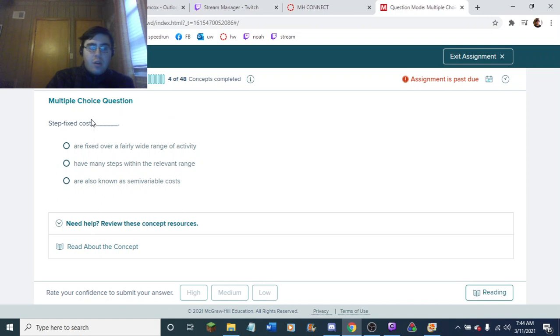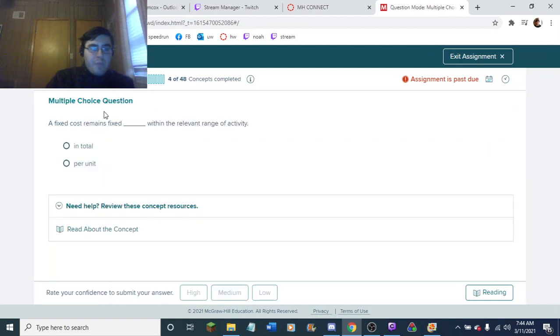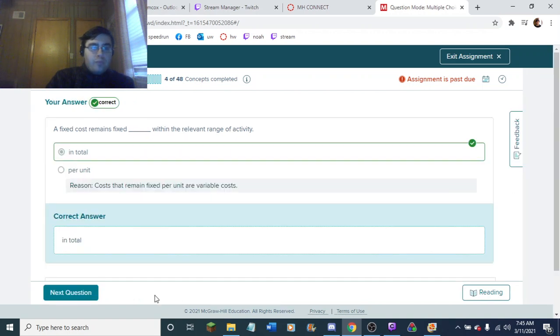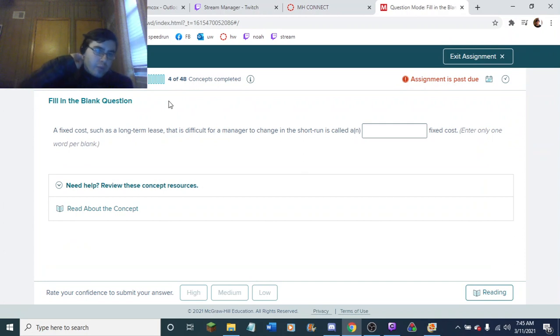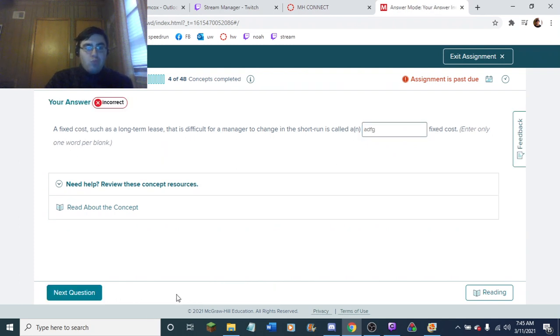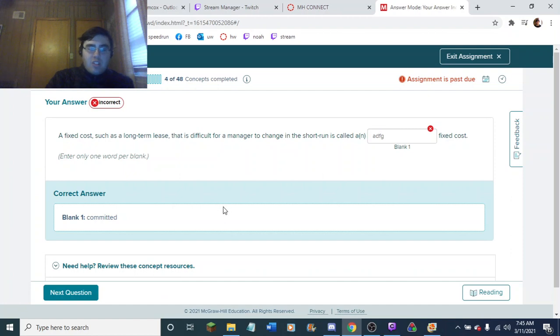Step fixed costs. Don't know. Committed fixed cost. There's discretionary and committed.